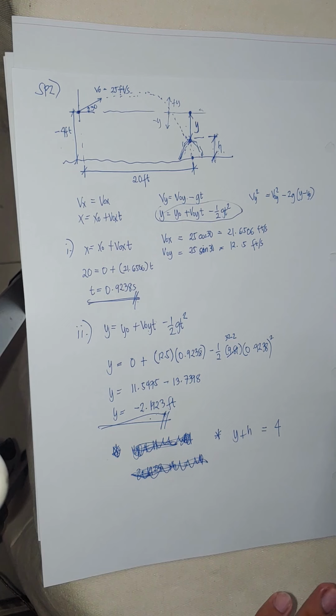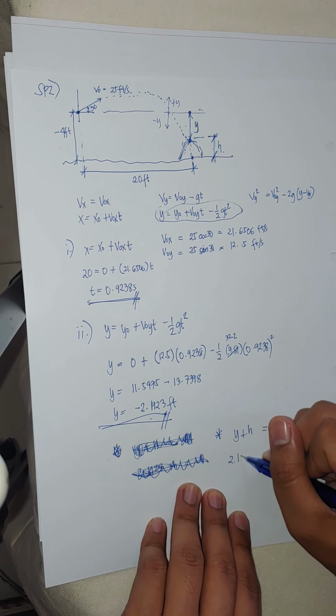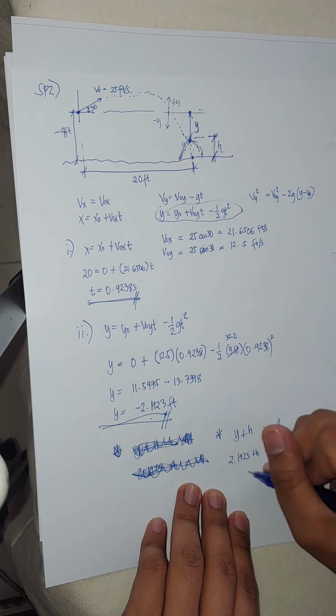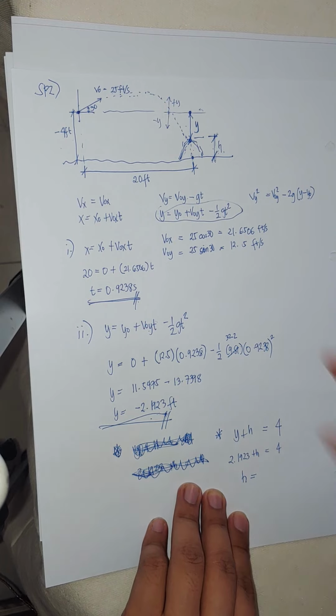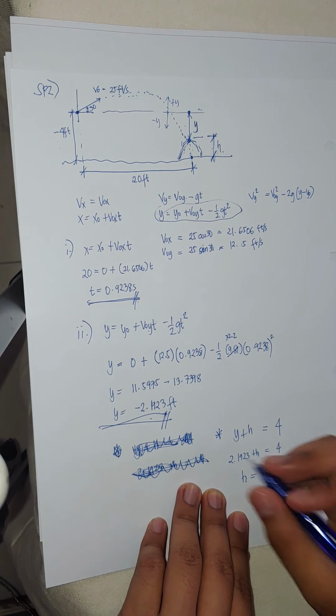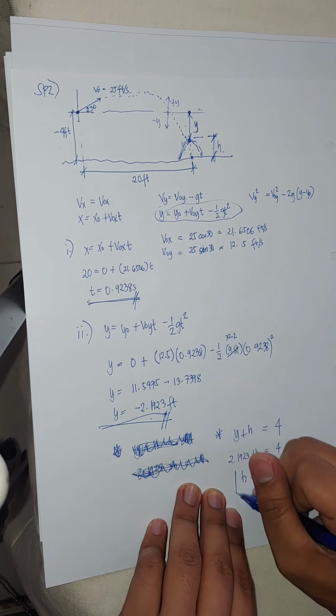The position is negative, but distance is positive. So our y is 2.1923 feet plus h is equal to 4. So h, the height of the pile at this distance, is 4 minus 2.1923, which is equal to 1.8077 foot.